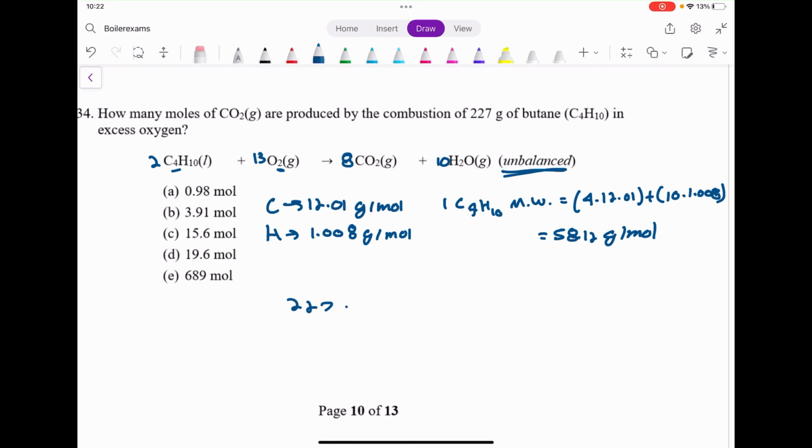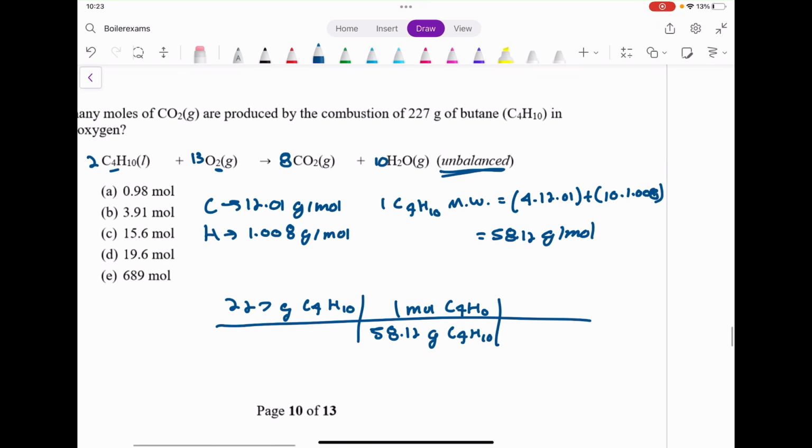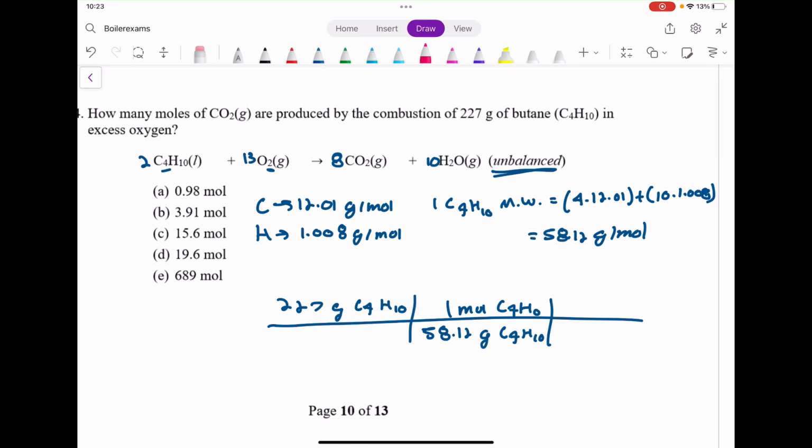Let's set up our dimensional analysis. So that's what we're starting with. We know we have 227 grams of butane in, and there are 58.12 grams of butane in 1 mole of butane. And reacting, we have 2 moles of butane for 8 moles of carbon dioxide.